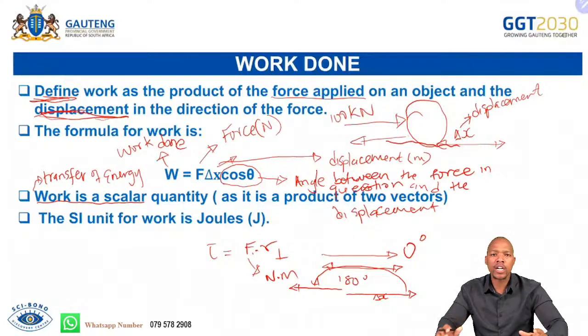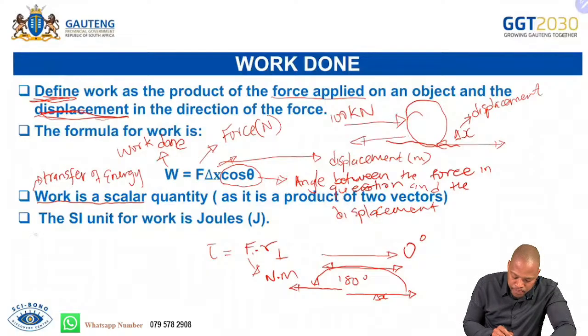So there is no direction as to the energy went left, went right, or went up or down. Okay, so there's just a transfer of energy. So work is a scalar because it's a transfer of energy, or work is energy. Okay, so energy does not have direction, it only has magnitude. Okay, but another reason could be it is a product of two vectors there.